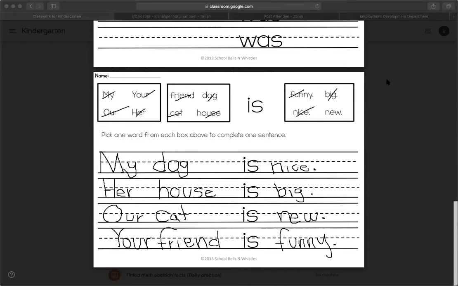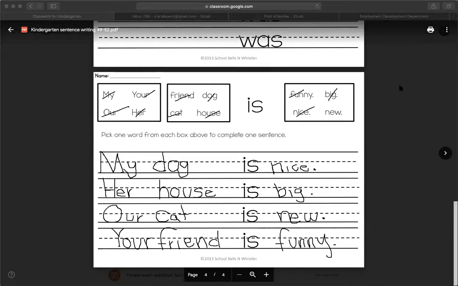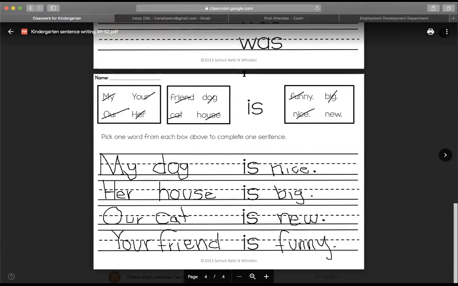And Emmy, would you like to read your 4 sentences? Ready? My. Look at your paper. Cat is new. Your dog is big.